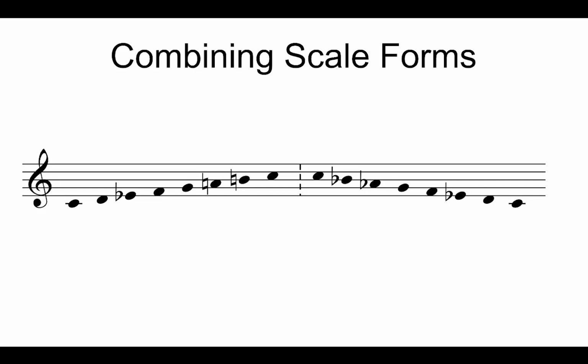The biggest factor in deciding whether to use melodic or natural minor tends to be the underlying harmony. For example, if you have a natural 7 in the harmony, then you're going to want to use a natural 7 in the melody, so melodic minor. And if you have a flat 7 in the harmony, then you're going to want to use a flat 7 in the melody, so natural minor.